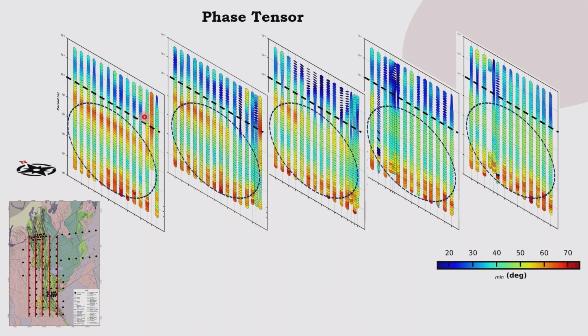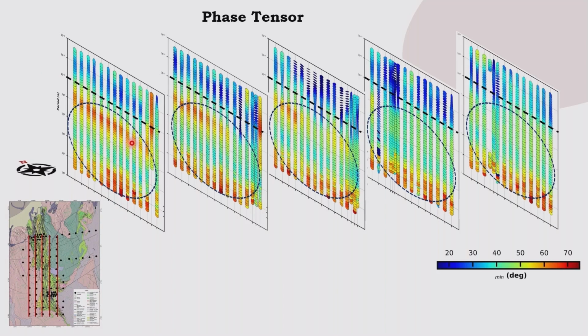However, the limitation of MT would not allow us to image these 3 layers. It's just going to combine them into a single conductive layer. So what we would expect in our model eventually would be a resistive upper part and a conductive everywhere else.